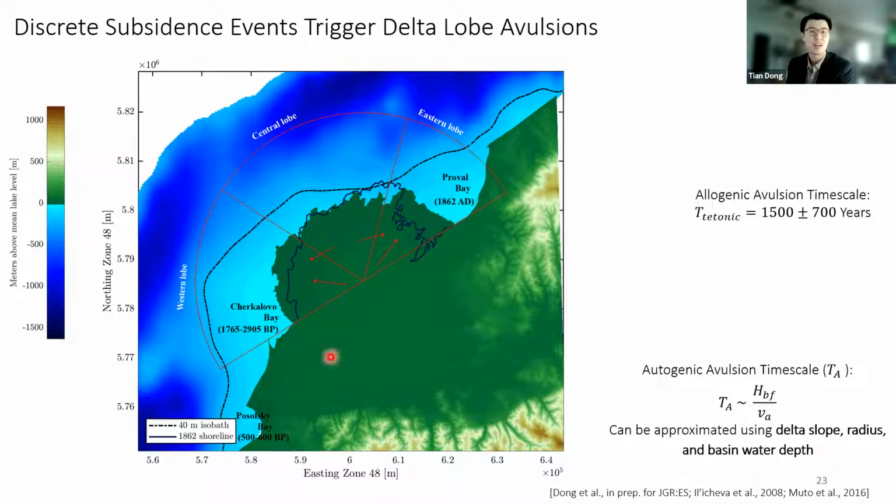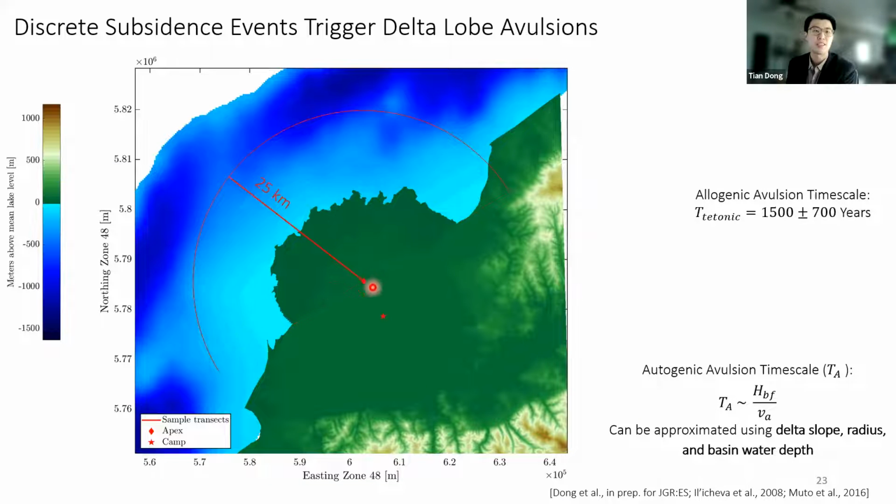To do this, I conducted a remote sensing survey on the delta. In particular, I set up a semicircular survey grid with 25 kilometer transects. I surveyed around this semicircle at a spacing of 1 degree, so I have 180 transects where I survey these three different parameters.